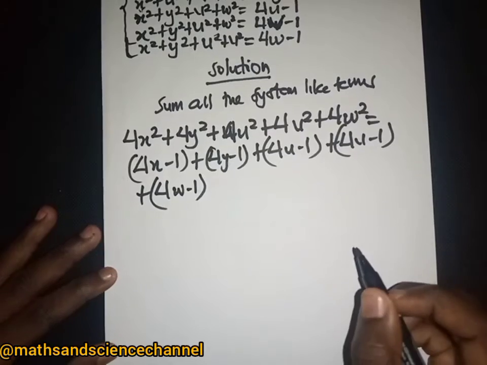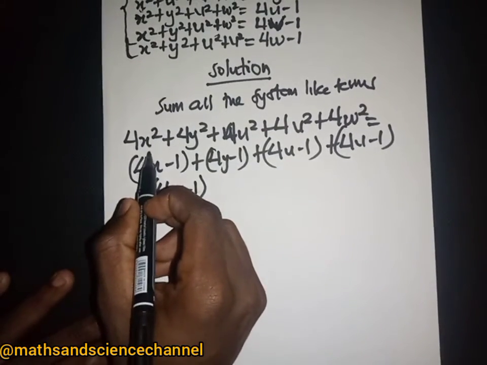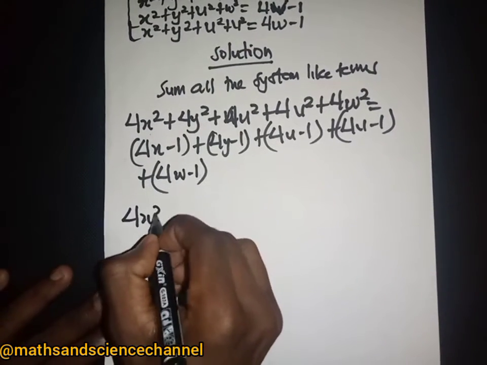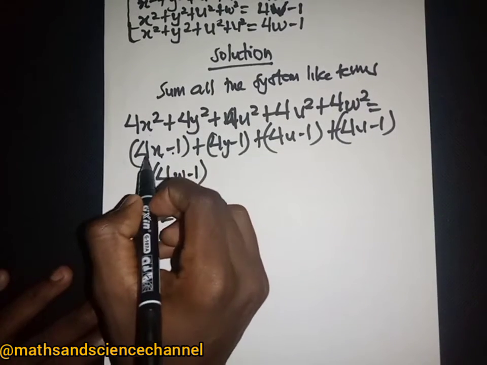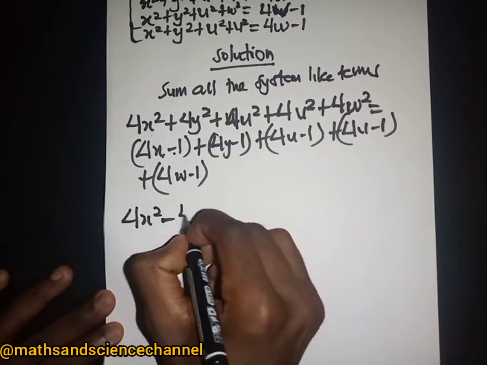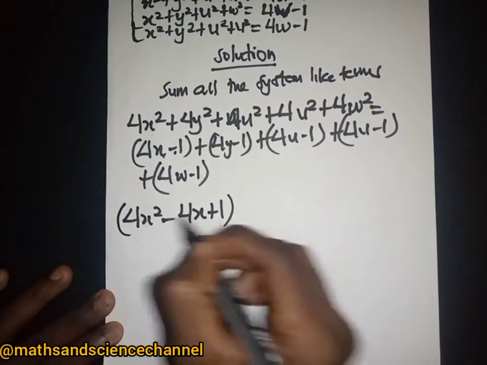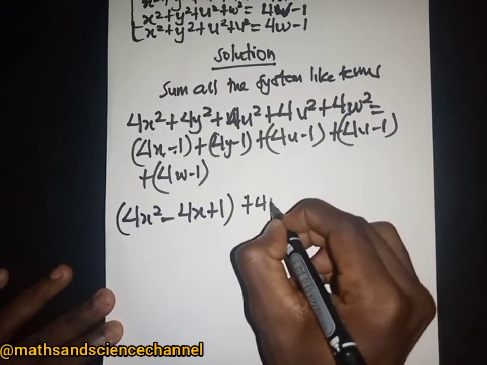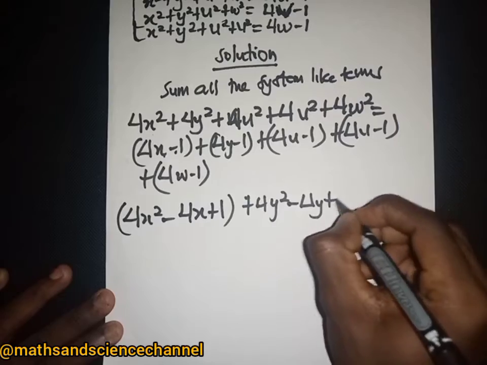So what we're going to do next is to group like terms. Realize that we have 4x squared, we have x here also. So we have 4x squared here minus 4x plus 1, because it is positive when it becomes negative, and this place becomes positive for each case. Now in the next one we have plus 4y squared, then minus 4y, then plus 1.